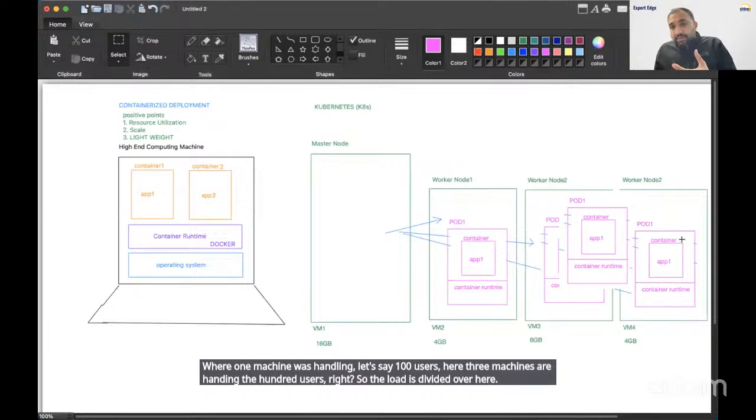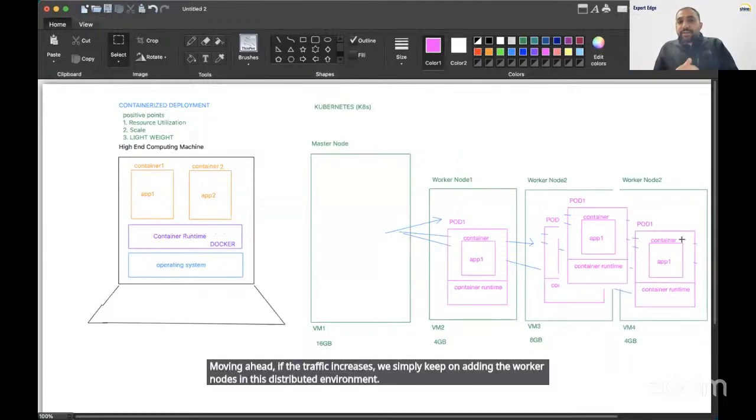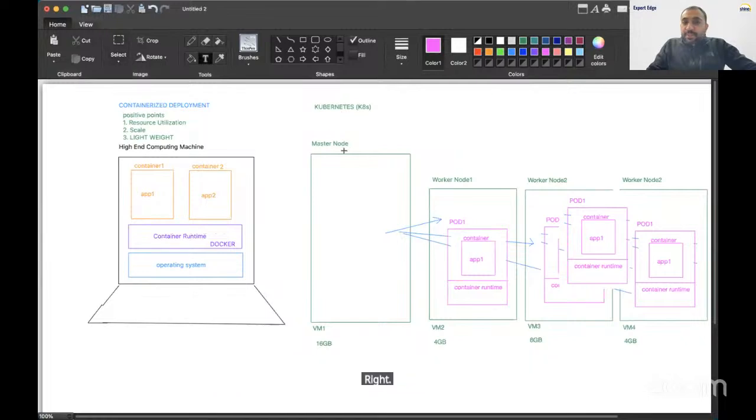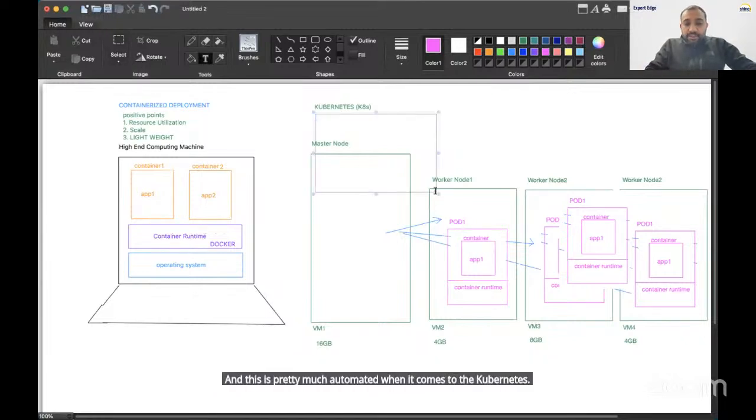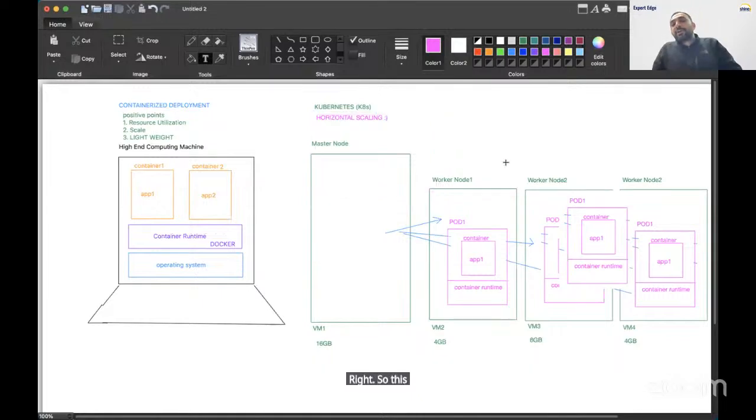Moving ahead, if the traffic increases, we simply keep on adding worker nodes in this distributed environment, right? And this is pretty much automated when it comes to Kubernetes. So we have something known as horizontal scaling coming into the picture over here. This is what is important for us to understand.